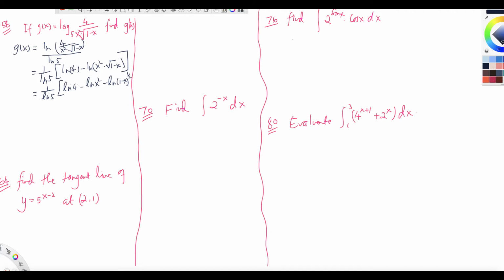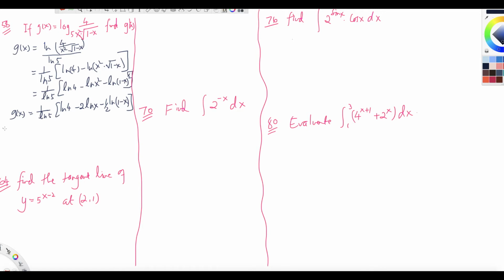Now you can pull that exponent out. Oh, by the way, I need to close that bracket. So still we have g of x equal to 1 over natural log of 5, times ln 4 minus 2 ln x minus 1/2 ln of 1 minus x, and then close the bracket.